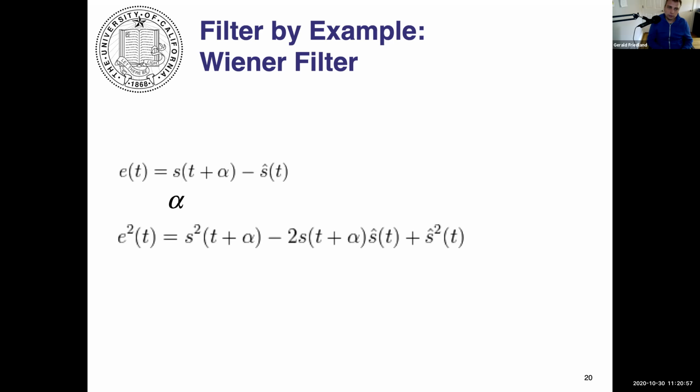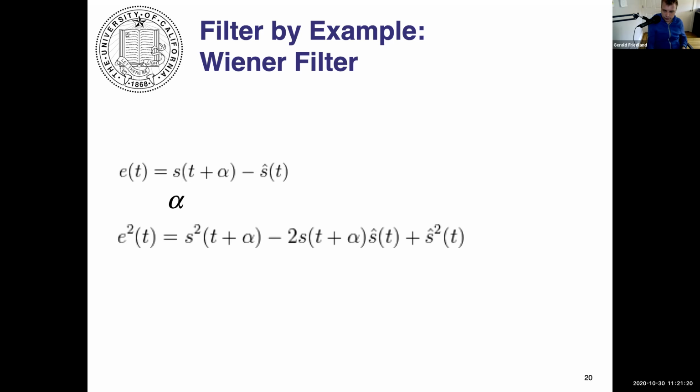Well, we basically need a training signal, right? So we basically take a bunch of empty noise and we'll say, well, this is our noise. And we'll then say, well, we have this alpha, so we have S of t plus alpha minus S dash of t.